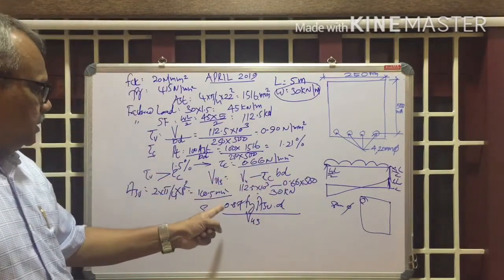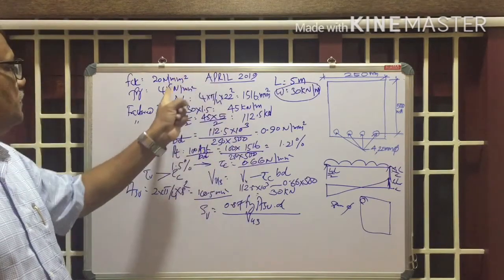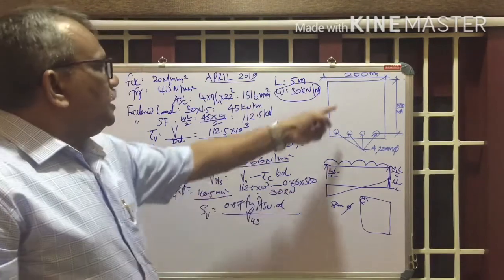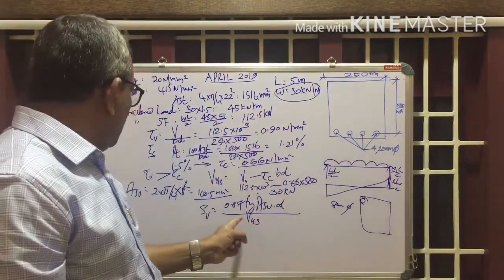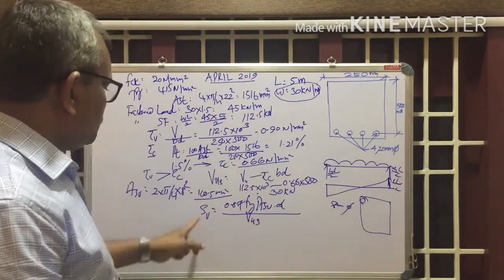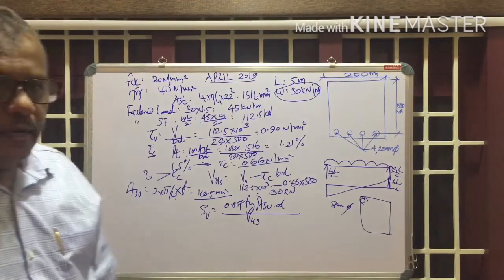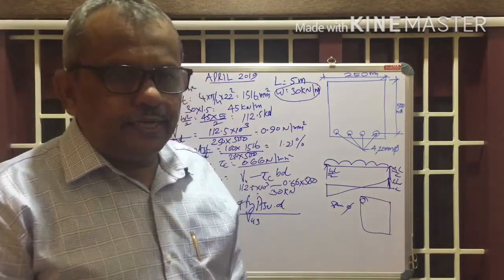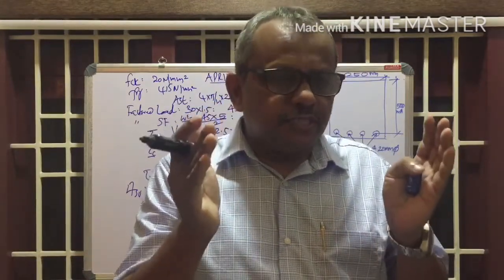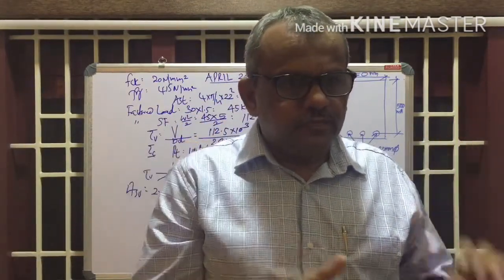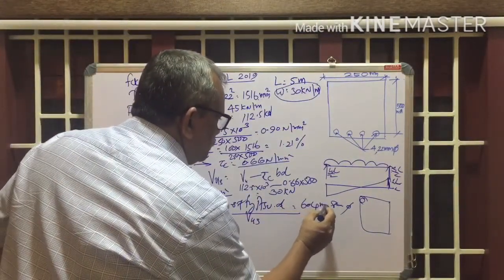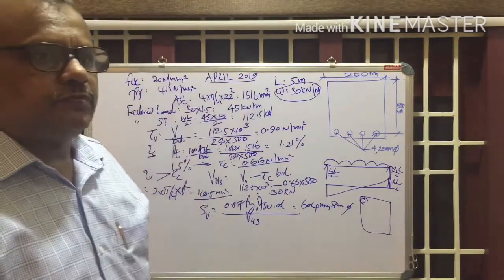Substituting the values, 0.87 Fy, with Fy given as 415, ASV we calculated as 100.5, D is equal to 500, divided by VUS, got it, right? So that's the spacing, SV. By substituting these values, we'll get the spacing of the shear reinforcement. When you calculate, it will come to 604 mm.